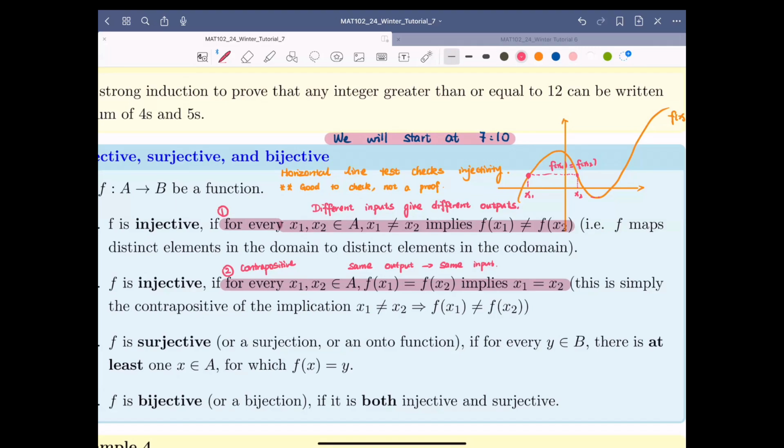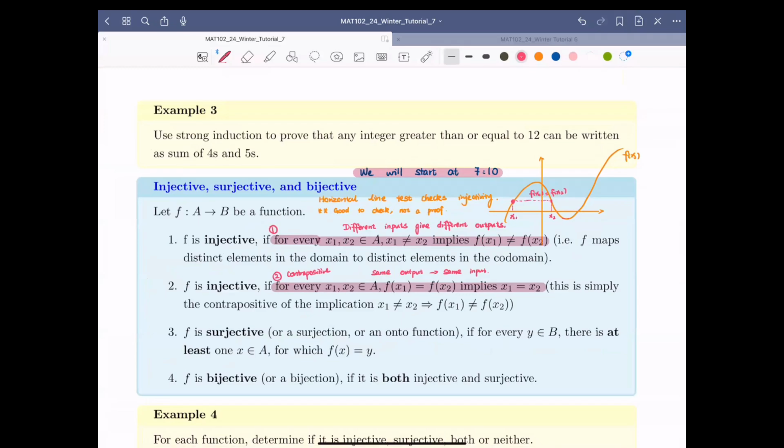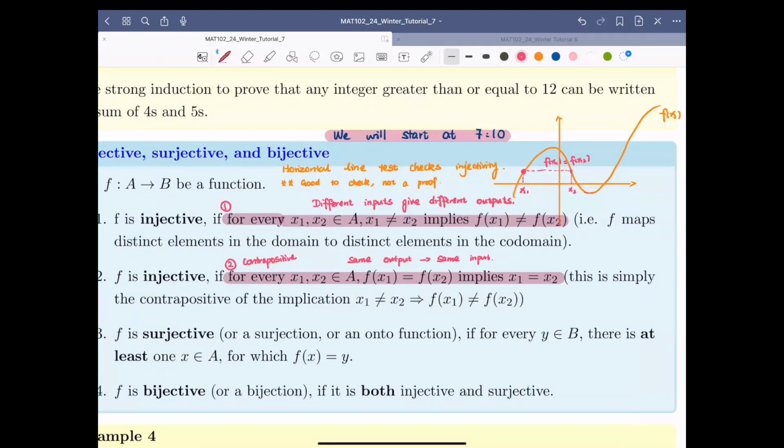This is harder to explain, but if you have the same output, you should not get different inputs. This one, number 2, is the one we use the most. So this is our most commonly used definition.